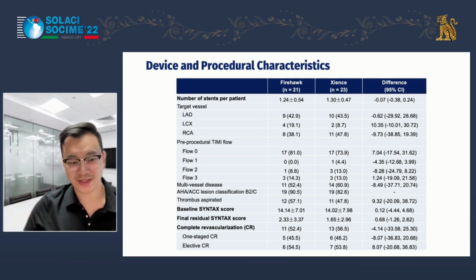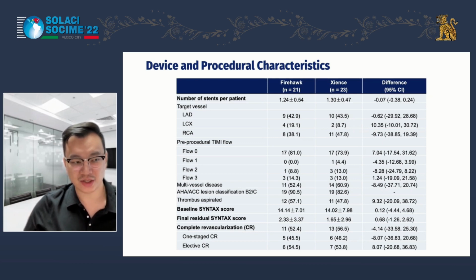We also calculated the baseline SYNTAX score and final residual SYNTAX score. Before the procedure, the SYNTAX score was 14, and after the procedure, the residual SYNTAX score was around 2. Complete revascularization was defined as a residual SYNTAX score of 0.